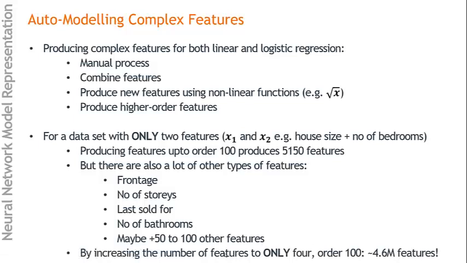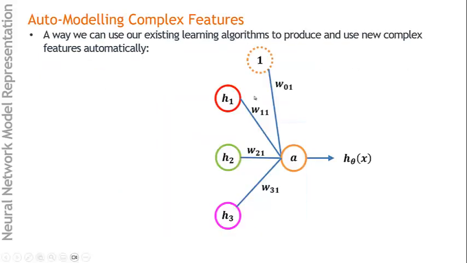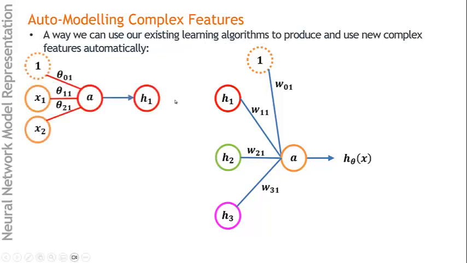So we want to take advantage of the possible multiplicity of complex features. But rather than producing these features ourselves, we would like some way to develop a system that produces new features automatically and finds the weights and the bias that's appropriate for all of these features. Okay? So a way we can use our existing algorithms to produce new and complex features is illustrated in this slide.